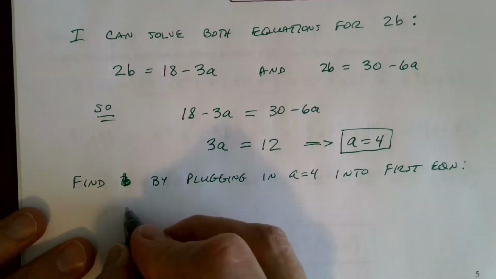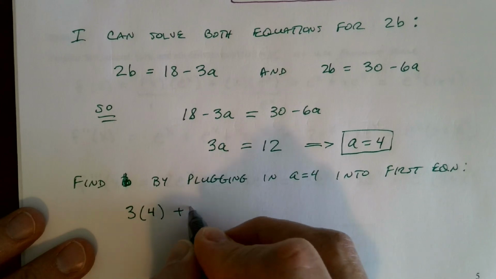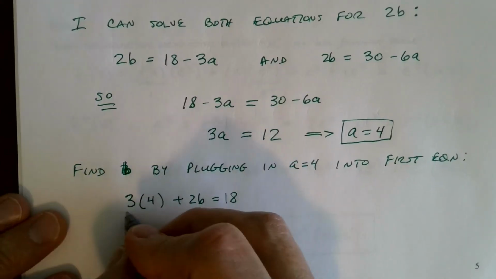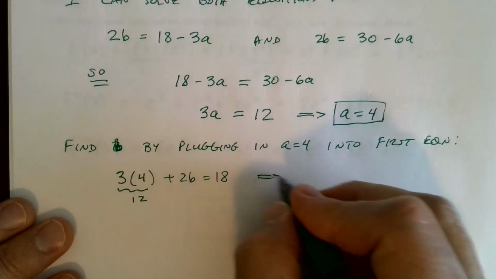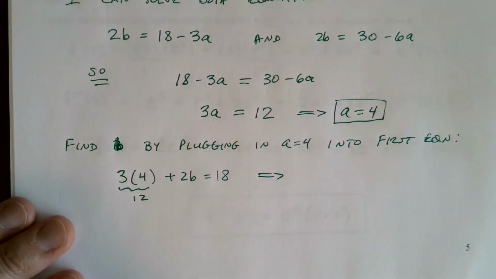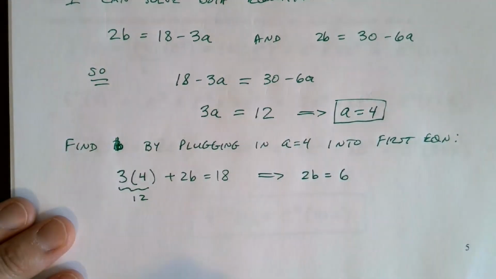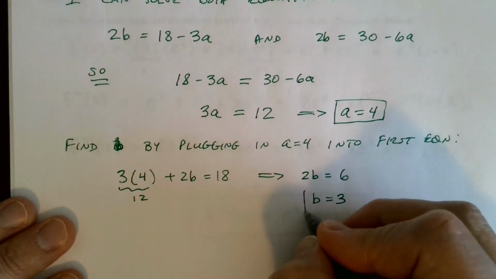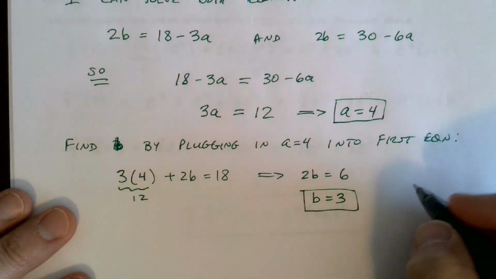And the first equation was 3a, 3 times 4, plus 2b is 18. 3 times 4 is, of course, 12. If I subtract 12 from both sides, I get 2b. 18 minus 12 is 6. And so what is b, dividing by 2? 3. Right.